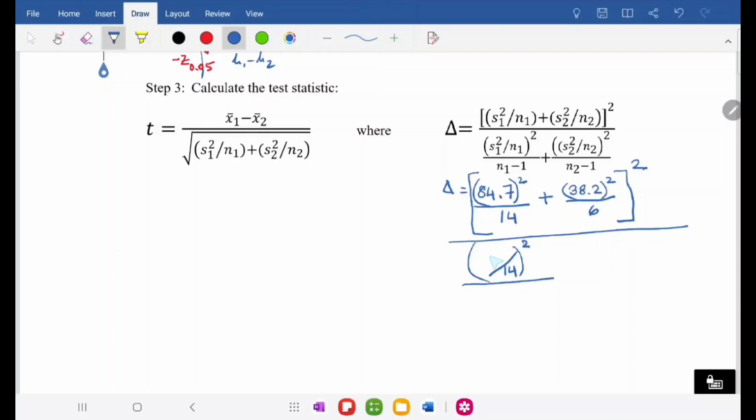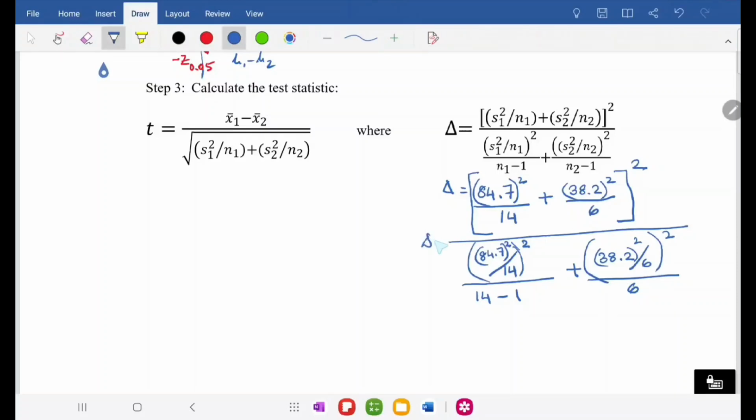It's 84.7 squared divided by 14, whole squared, all divided by N sub 1 minus 1, which is 14 minus 1, plus S sub 2 squared, which is 38.2 squared divided by 6, and then this is further squared over 6.